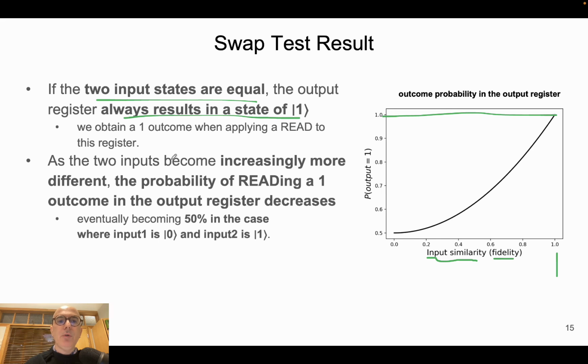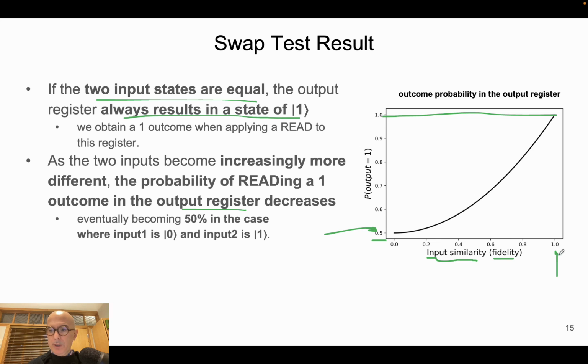However, as the two inputs become increasingly more different, the probability of reading the 1 outcome in the output quantum register will decrease. And then, for two completely different quantum states, the probability of having 1 or 0 in the measurement is going to be 50%.